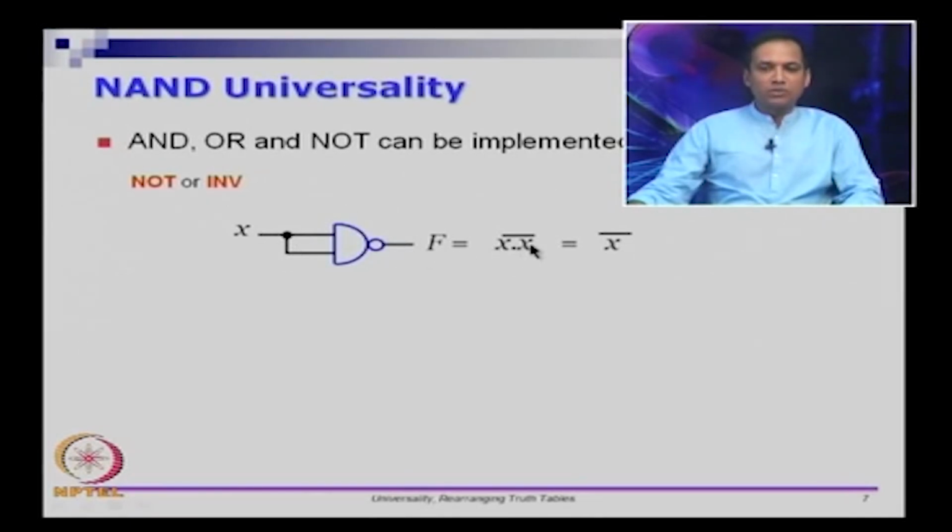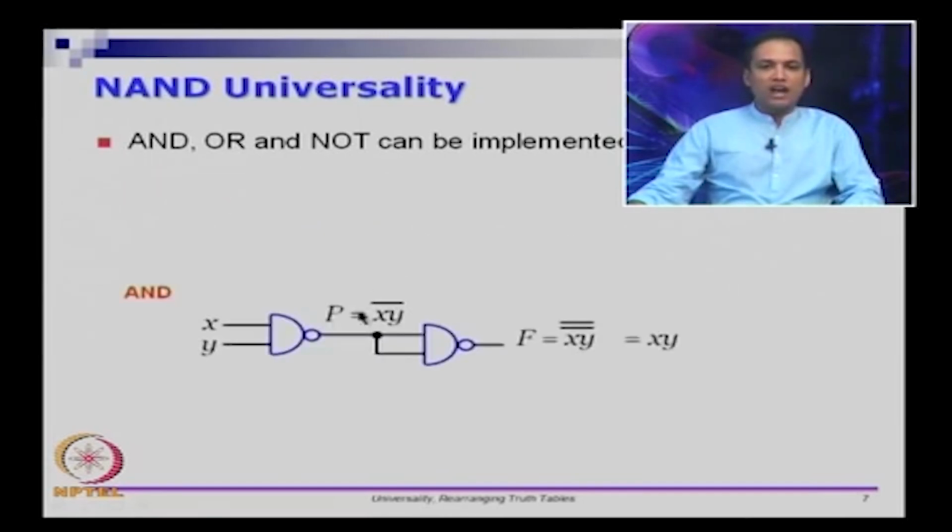It takes the 2 inputs and ANDs them and complements the resulting product. In this case X is connected to both the inputs, so it is X and X, the complement of that. X and X is X itself, so you can see this is X complement. So what this circuit is doing with this connection is actually implementing an inverter.